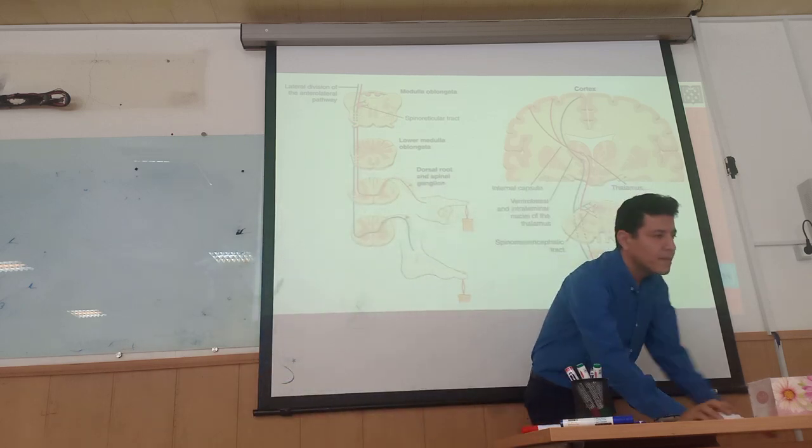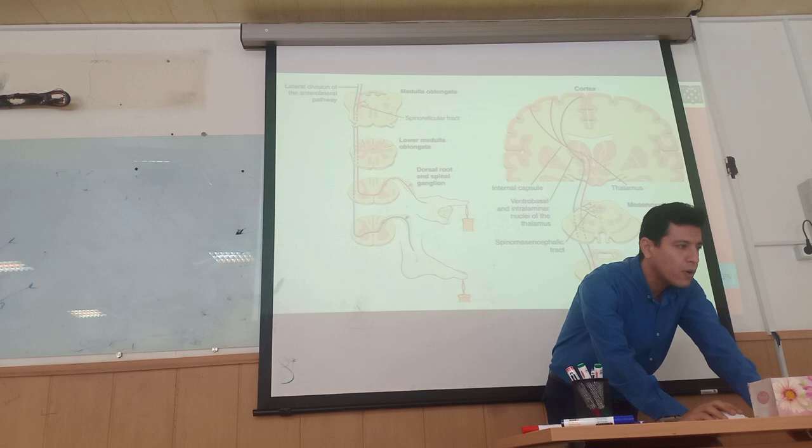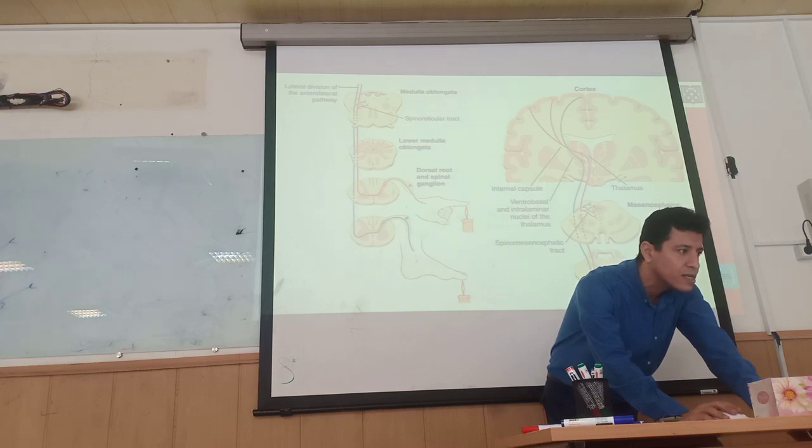Then it also passes the pons, reaches the mesencephalon, midbrain. Again, there is no synapse here, but there are some collaterals. These collaterals go to the tectal area. So we call this spinomesencephalic tract. Sorry, they go to the midbrain, so we call this spinomesencephalic tract, right?